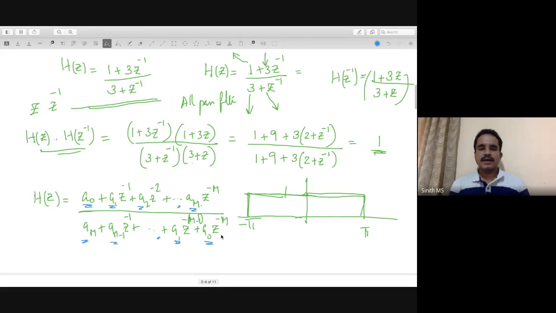So these are basically called mirror coefficients, and suppose you have coefficients like this.